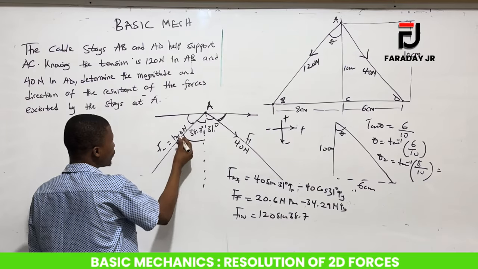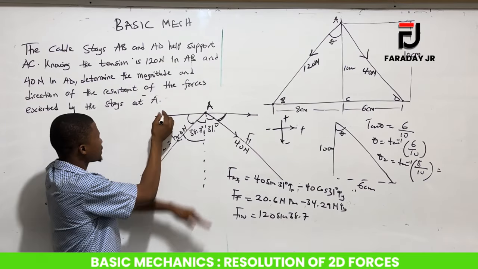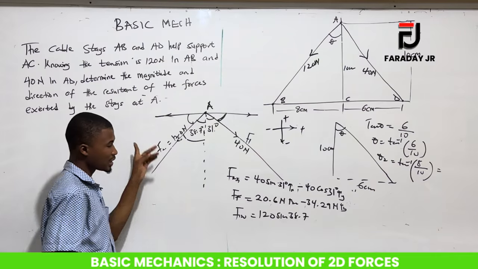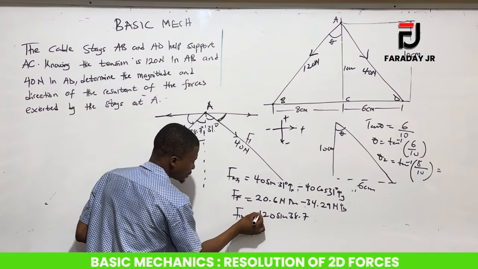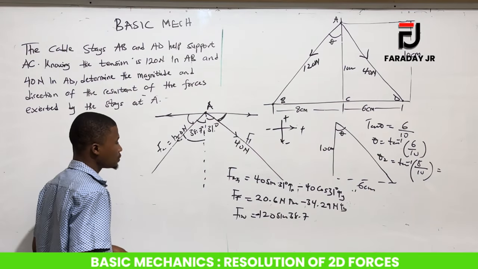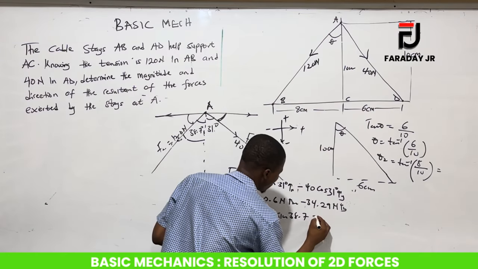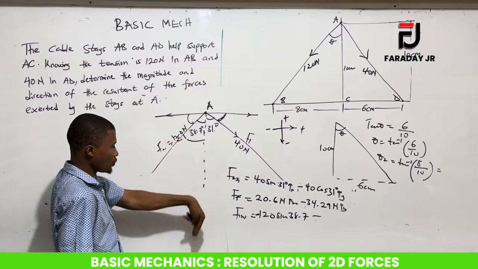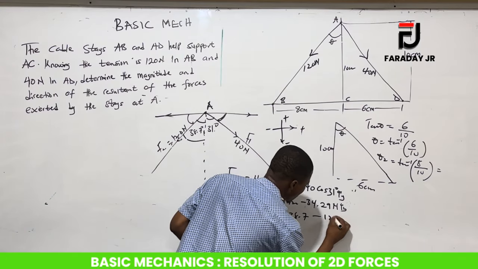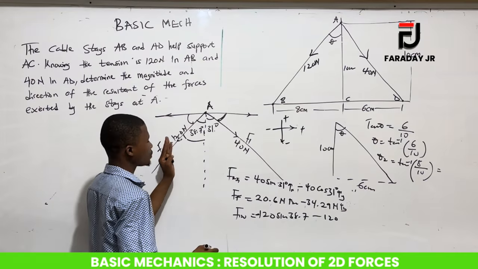You realize that the arrow is moving in this direction. So after resolving, the force will move this way, which is in the negative direction. So this one becomes negative. Can you see that? Very good. And then resolving into the y plane, that will give us negative, because it's moving down. So 120 cos.